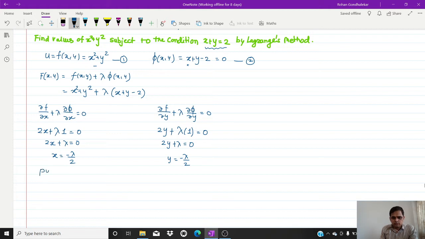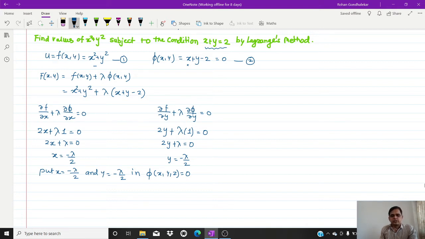Put x is equal to minus lambda upon 2 and y is equal to minus lambda upon 2 in the equation phi of x, y, z is equal to 0. Why am I going to substitute in the condition equation? Because the points which satisfy the condition, those only will be considered.